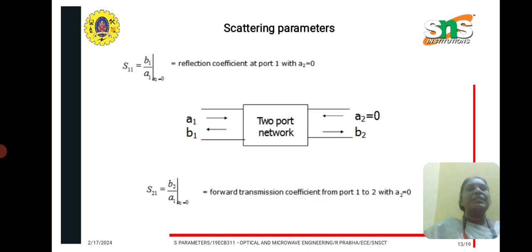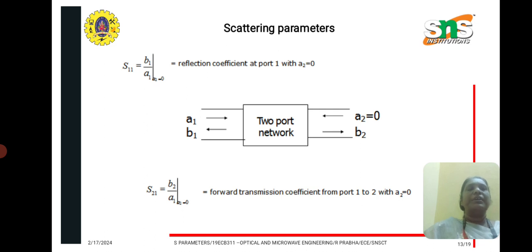As we have already seen, S11 is also called the reflection coefficient at port 1 with A2 equal to 0, and its formula is B1 by A1 when A2 is equal to 0. S21 is called the forward transmission coefficient from port 1 to 2 with A2 equal to 0.